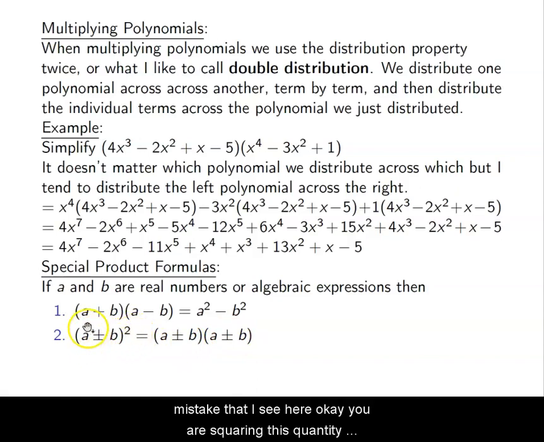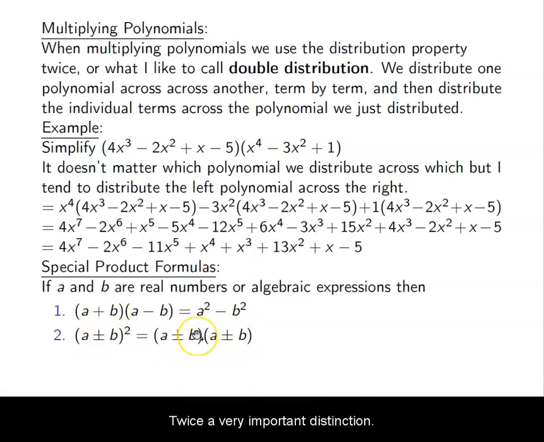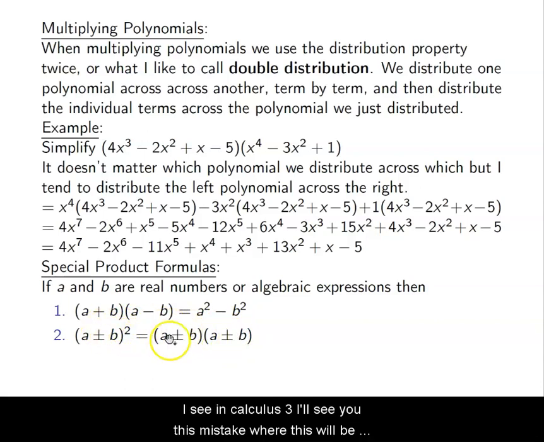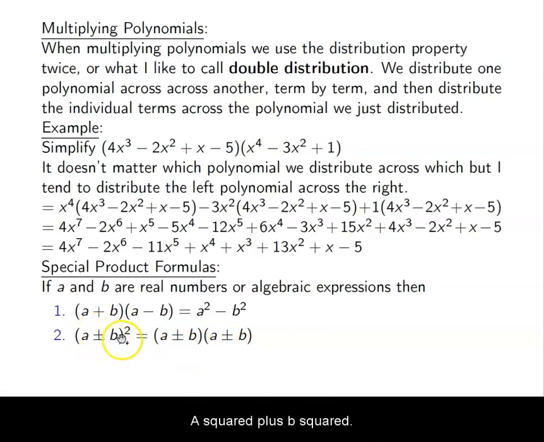You are squaring this quantity, so that means you take this quantity and multiply it times itself. Very important distinction. I see this mistake in calculus 3, where students will have to do this, and they will write a squared plus b squared. That is not the correct value.